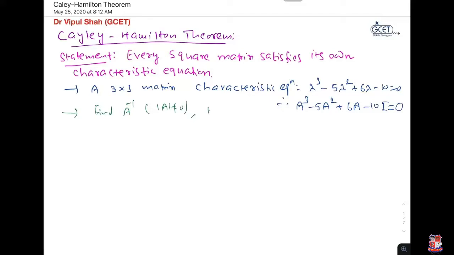We can find the higher powers of A also. So if you multiply this equation by A inverse on both sides, we can find the A inverse, and we can find the higher powers of A also.